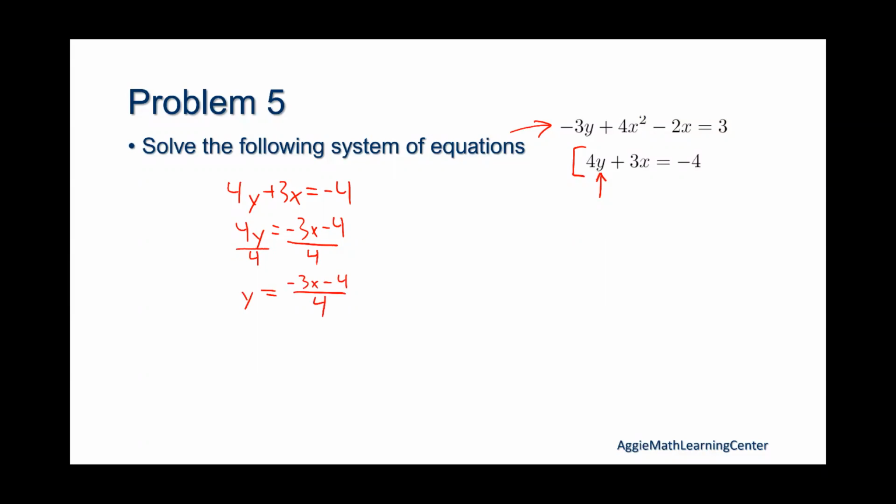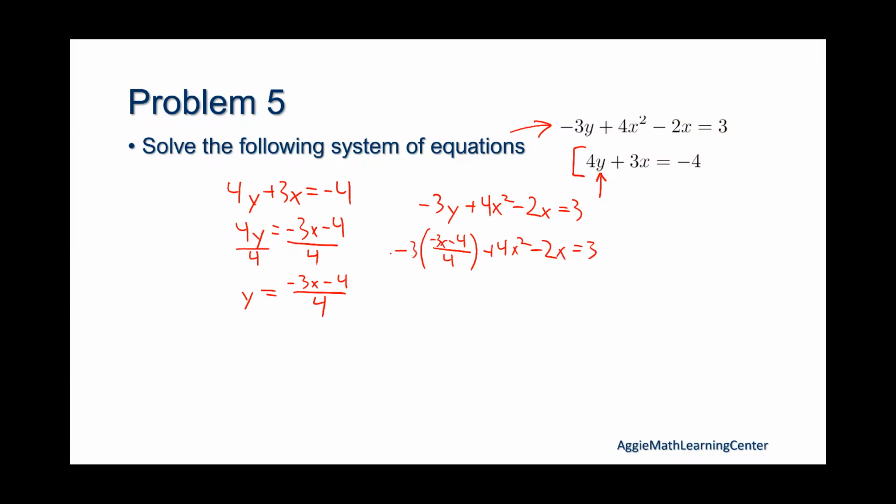Now we're going to substitute that into what we had before. We have -3y plus 4x squared minus 2x equals 3. Substituting in our y, we get -3 times (-3x minus 4) over 4, plus 4x squared minus 2x equals 3.